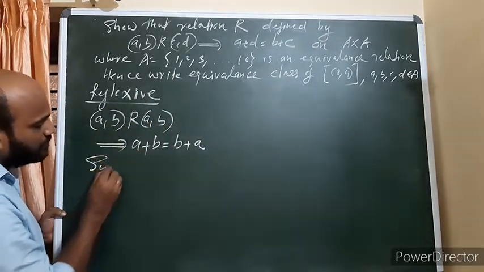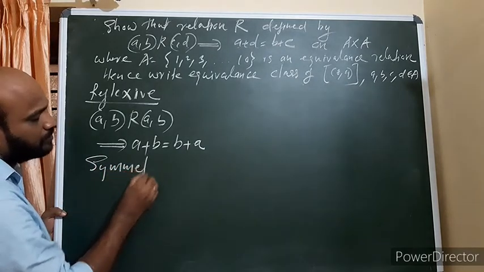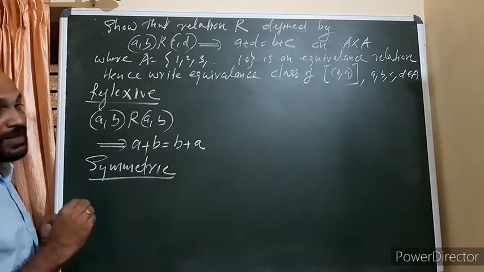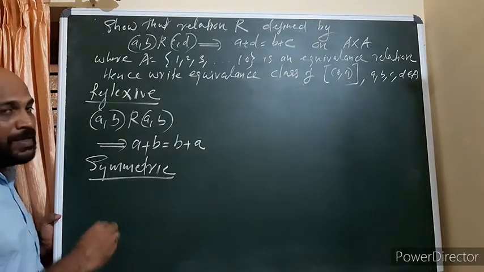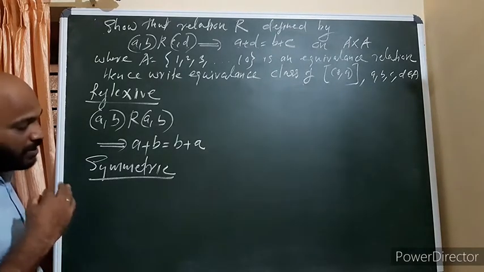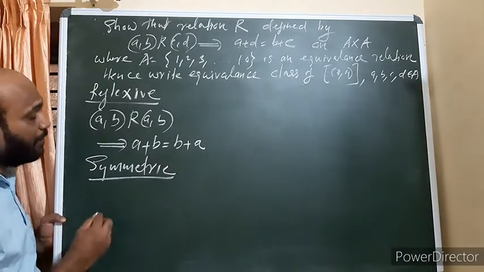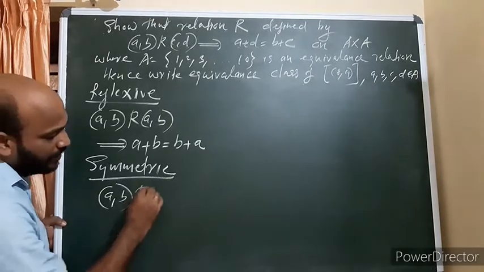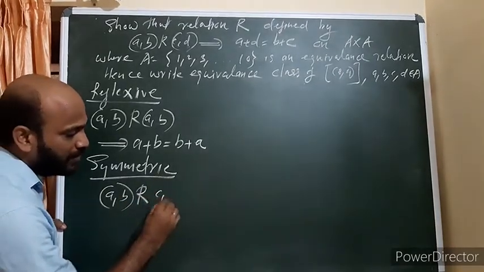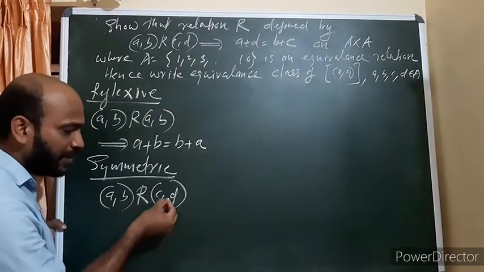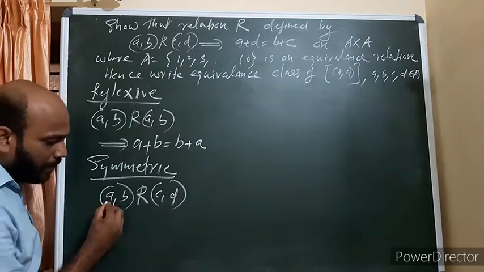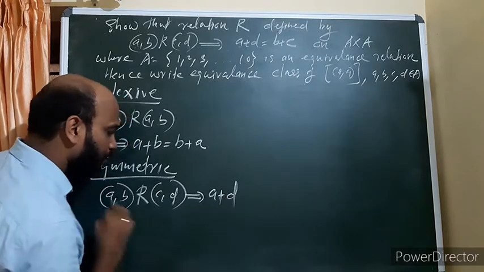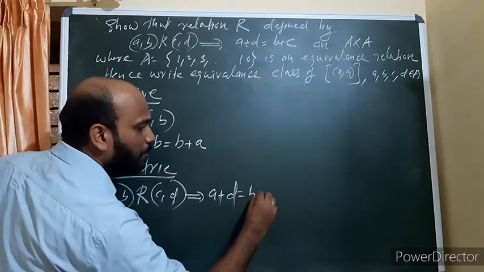Now the second one is symmetric. Symmetry means if a is related to b, we want to show that b is related to a. Here the element is (a, b), related to the second element (c, d). We want to show that (c, d) is related to (a, b). (a, b) related to (c, d) implies first plus fourth, a plus d, equals second plus third, b plus c.